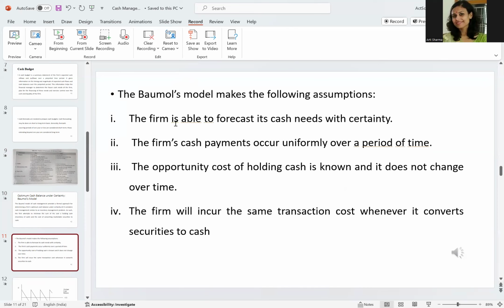First is that the firm is able to forecast its cash need with certainty. Second, the firm's cash payments occur uniformly over a period of time. Third, the opportunity cost of holding cash is known and it does not change over the period of time. And the fourth is that the firm will incur the same transaction cost whenever it converts securities into cash.